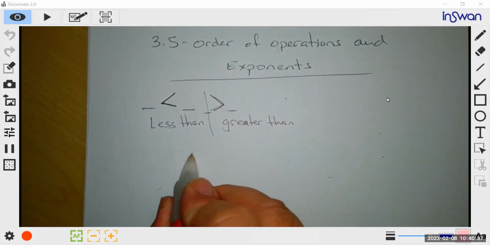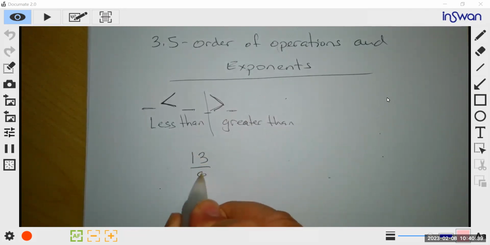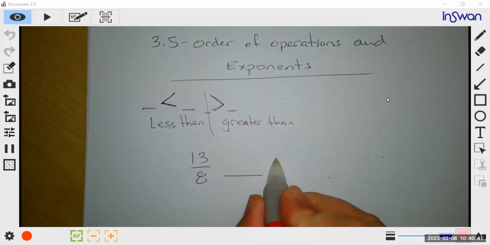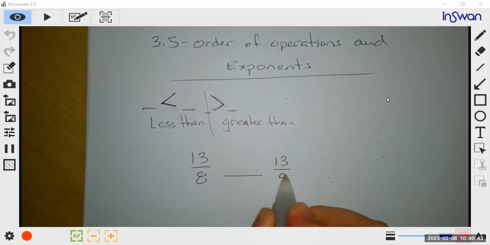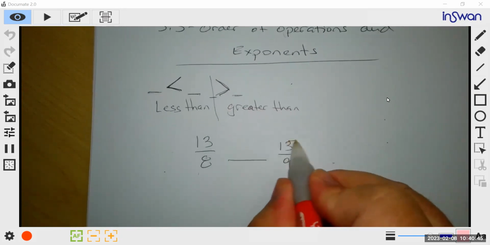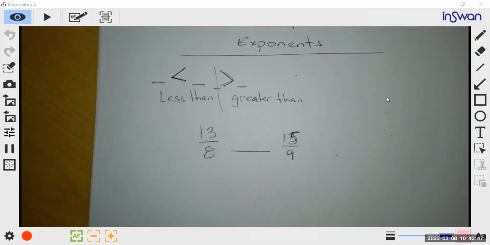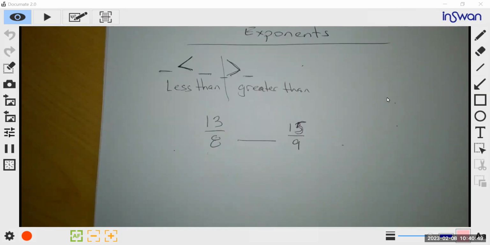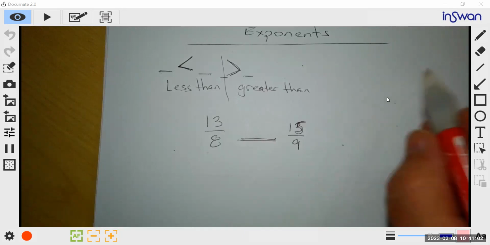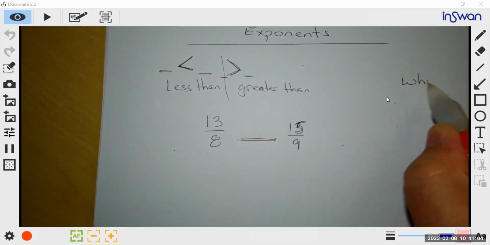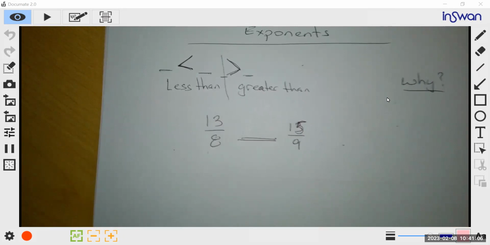Now, how do we compare fractions? 13 over 8. What sign goes here? Less than or greater than? And we don't take guesses here. You have to prove to me why. The thing about math is why.